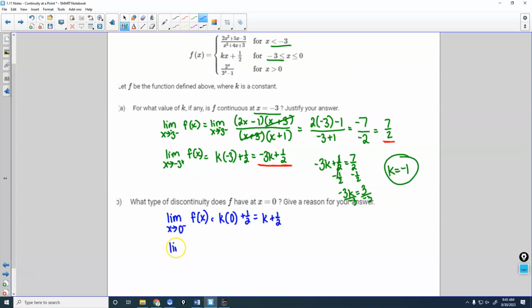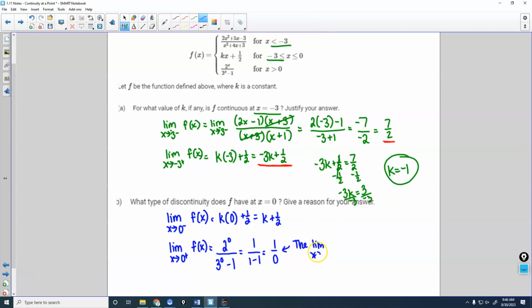From the right, limit as x approaches 0 from the right of f of x is going to be 2 to the 0 over 3 to the 0 minus 1, which is going to give us 1 over 1 minus 1, which is 1 over 0, which tells us right here the limit does not exist.